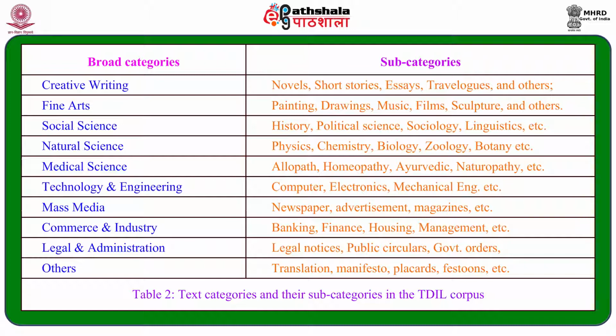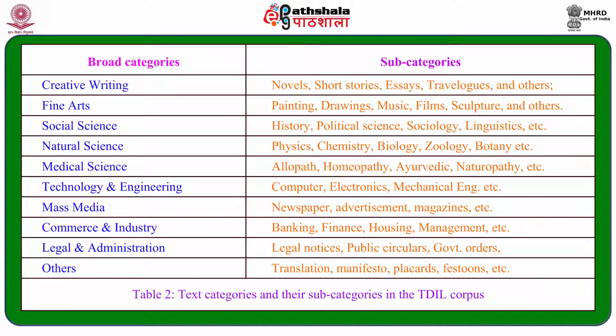So all things, even medical laws, medical principles, medical ethics, all those issues are taken into consideration in the medical text category. In the case of technology and engineering text, our emphasis was on the text produced in computer science, electrical engineering, civil engineering, and other domains.